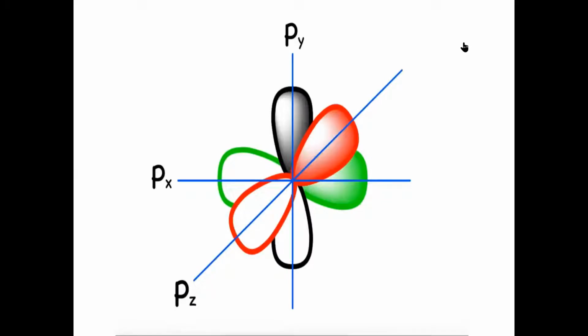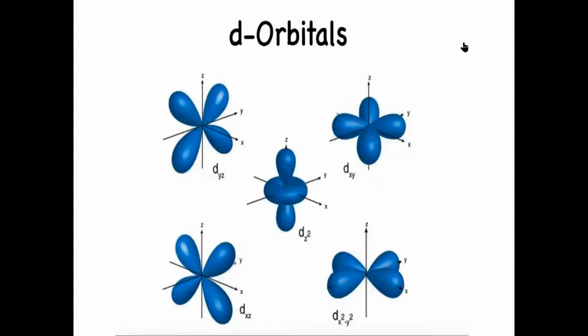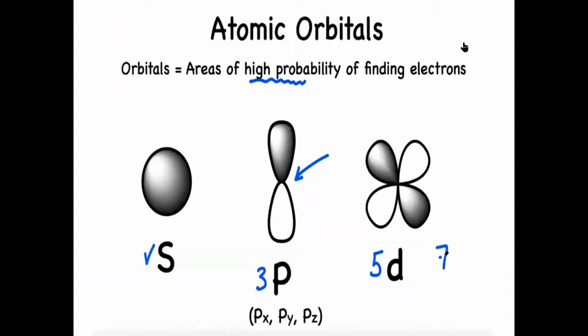They look like dumbbells. And then there are 5 d orbitals. Some would describe them as cloverleaf, other people see them as 2 dumbbells attached in the middle. And then there are also f orbitals, 7 of them. But in this course, we won't be concerned with d and f orbitals. We'll primarily be concerned with s and p orbitals.